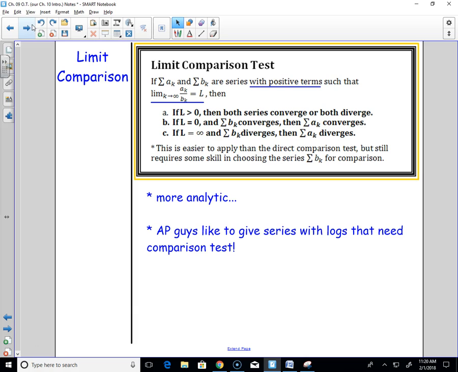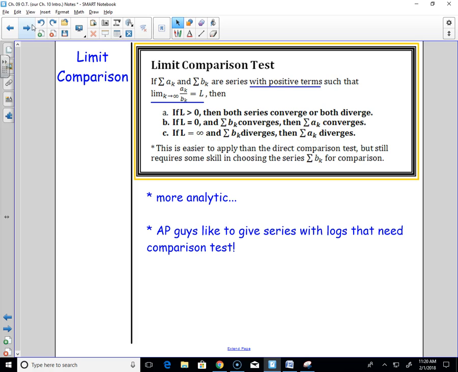So this is called the comparison test section. That's because there are two of them. They're both comparison tests. There's the direct comparison test, where we need to have one always be lower than the other, or at least we could separate off a few terms and then it's always lower or equal to, or higher or equal to.